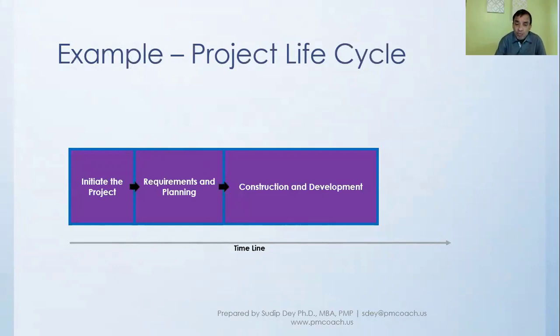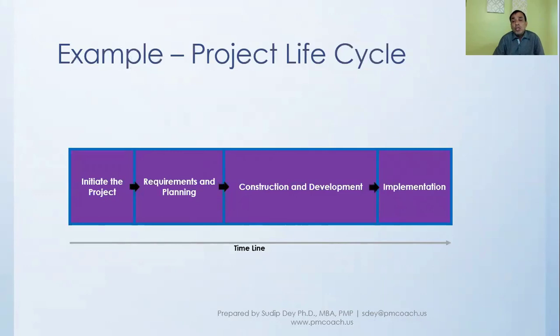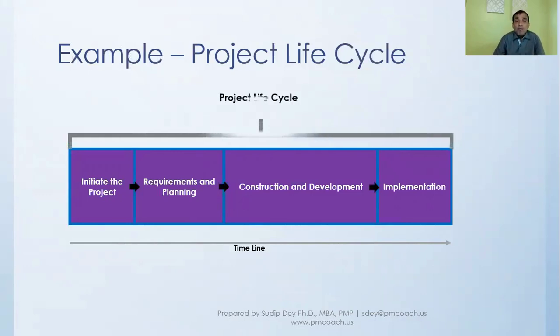Once that phase is finished, we go into the implementation phase before we hand it over to production. So these are a sequence of phases that make up the project life cycle.